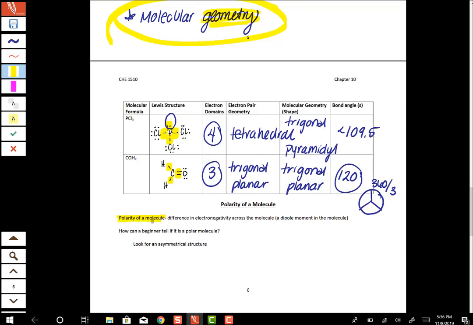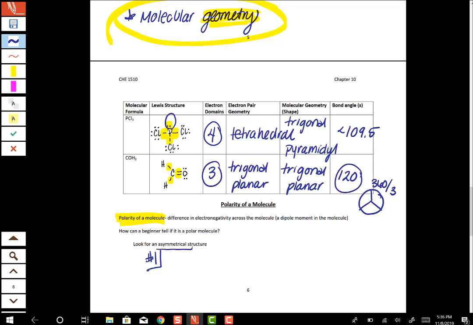Now we're going to look at an entire molecule and try to decide if an entire molecule is polar or not. In a molecule, if it was polar, what that would look like is an unequal distribution of the electrons in the overall molecule. So there are 2 ways to make this happen. Way 1, look for an asymmetrical structure.